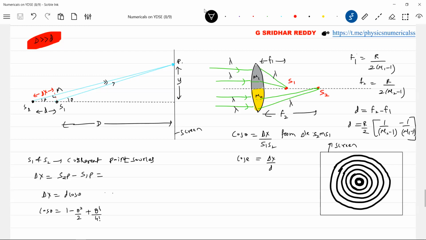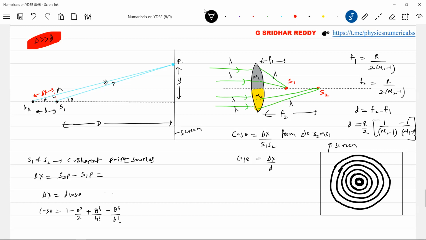Shall I proceed with this? Cos theta is 1 minus theta square by 2 factorial, plus theta to the 4 by 4 factorial, minus theta to the 6 by 6 factorial.